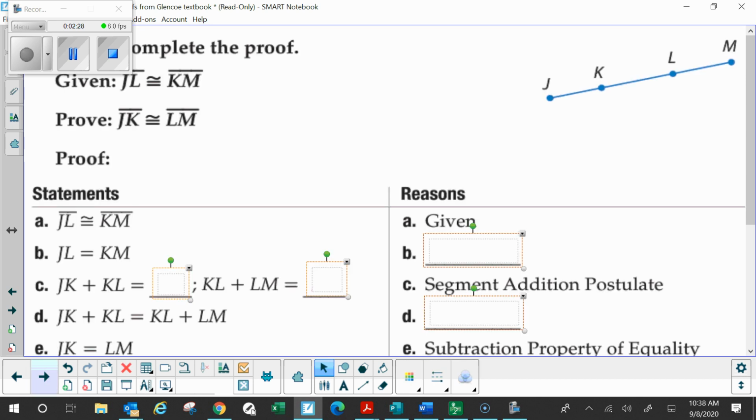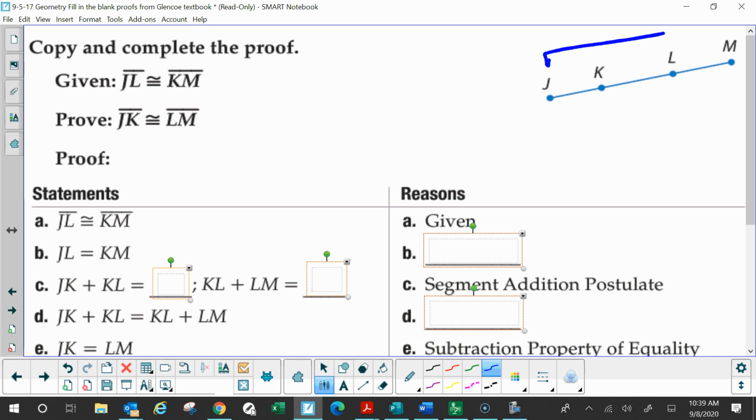All right, so let's look at this. This is on your notes. On this proof, we are given that segment JL is congruent to segment KM. So your first statement says JL is congruent to KM and the reason is given.